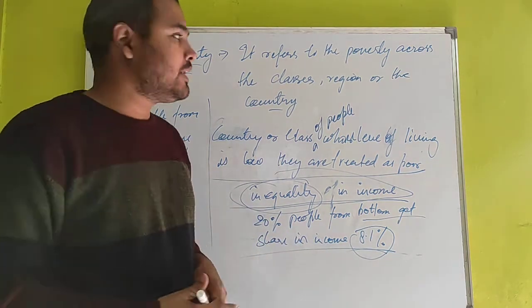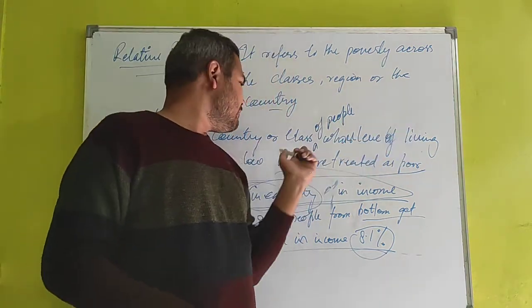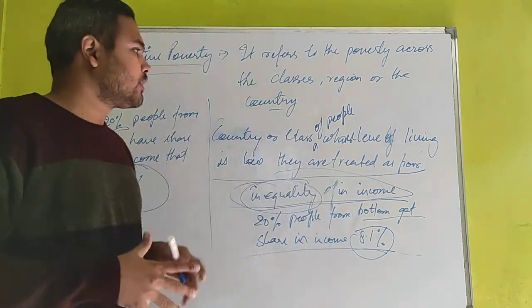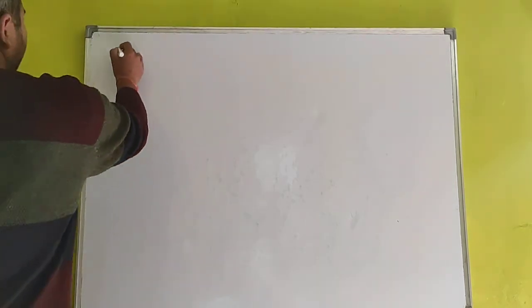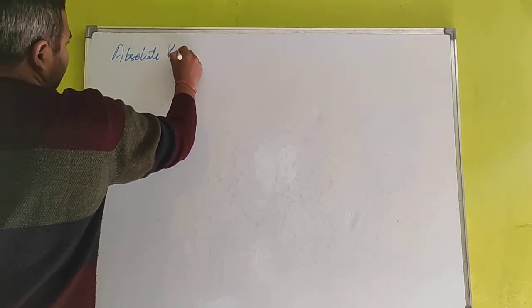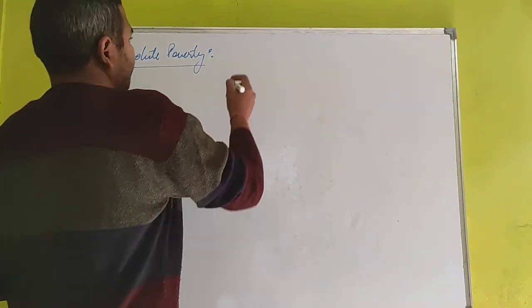So relative poverty is where the country or the class of people whose level of living is low are treated as poor. Now we talk about absolute poverty.